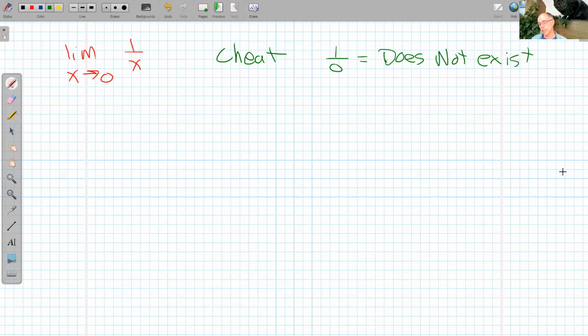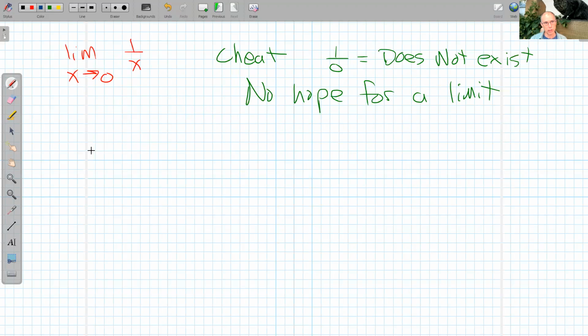And this is different than 0 over 0. 0 over 0, there's a hope for existence. 1 over 0, there is no hope for existence. No hope for a limit. And I can explain later why 0 over 0 has hope, but 1 over 0 does not, if anybody wants, as in a discussion last week.